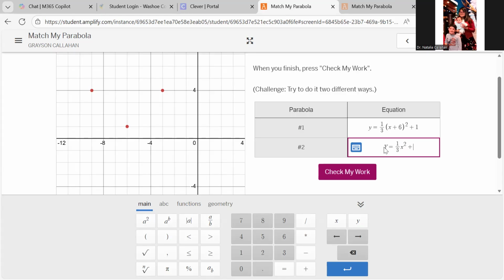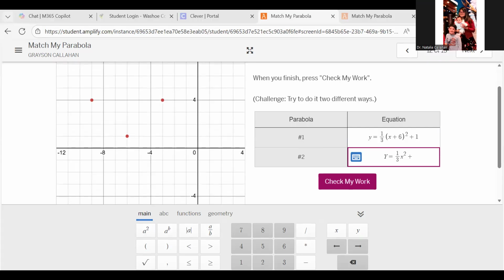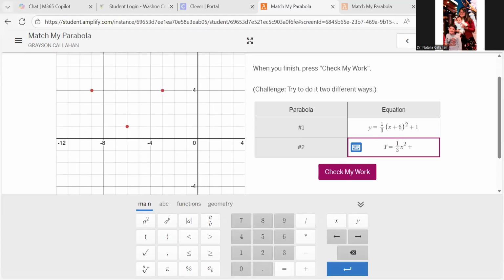Plus 4x squared? Does that sound even remotely right to you? This is your answer, plus 4x. Why would it have a 4x squared? Plus what?